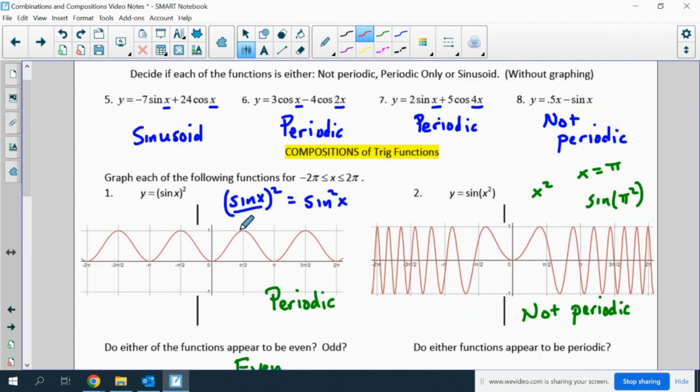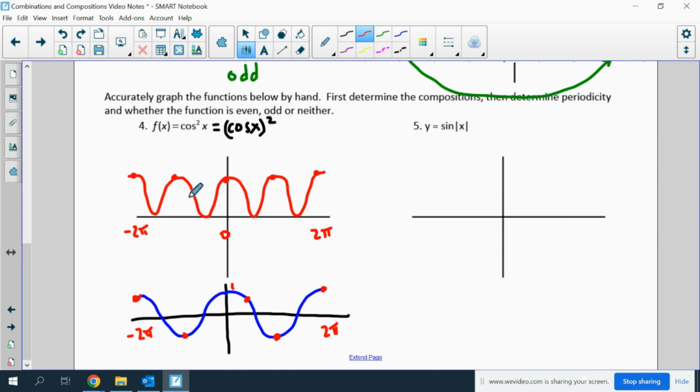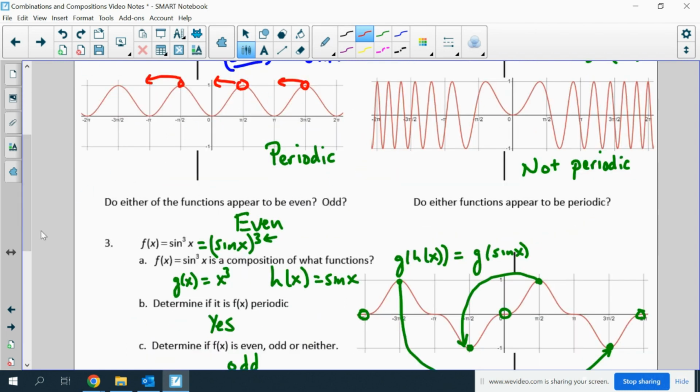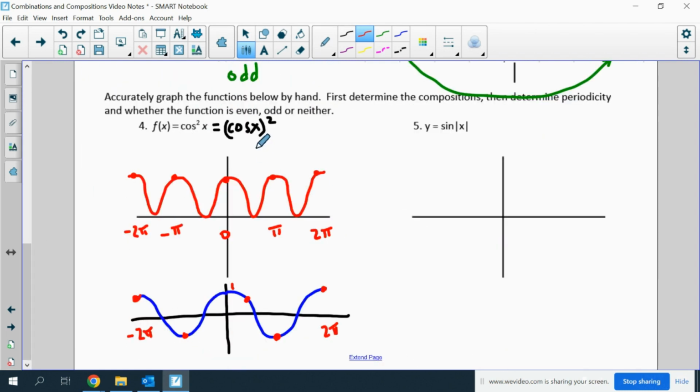So it's going to look very similar, except these peaks are going to be moved over a little bit. So notice that the peaks are at the pi's instead of the pi over 2's. This has a period of pi, and this function is even.